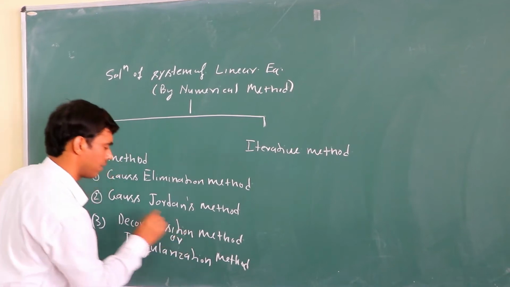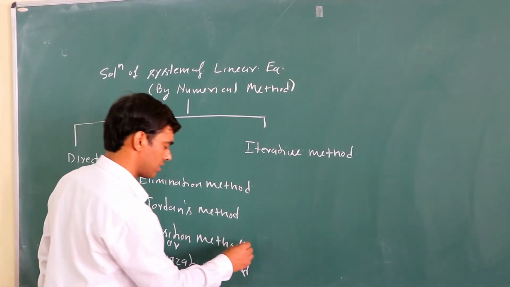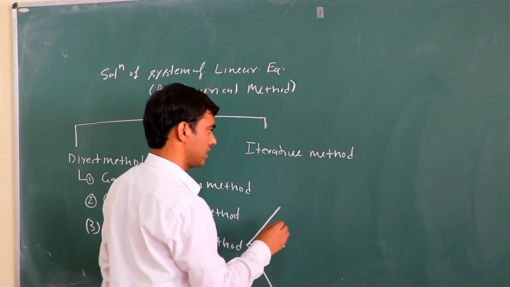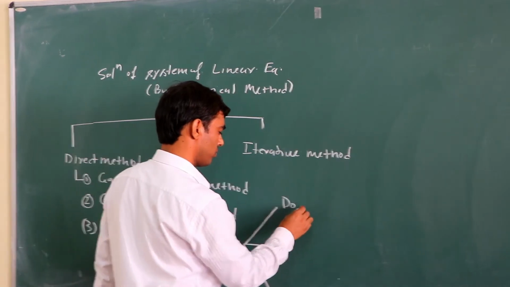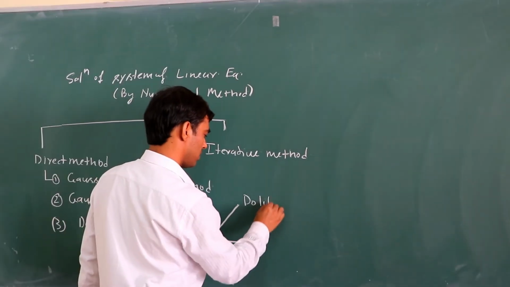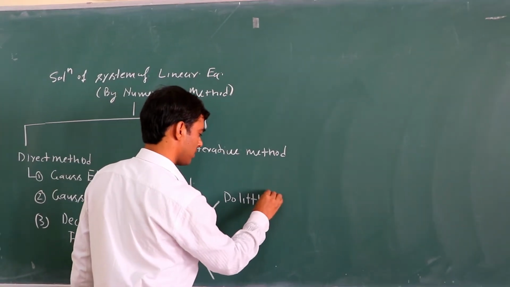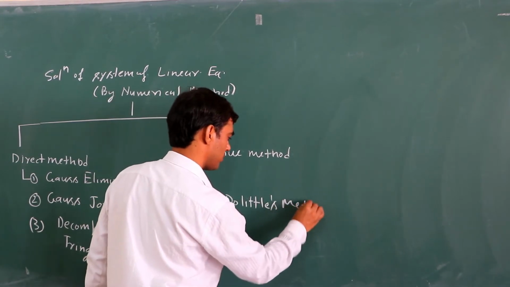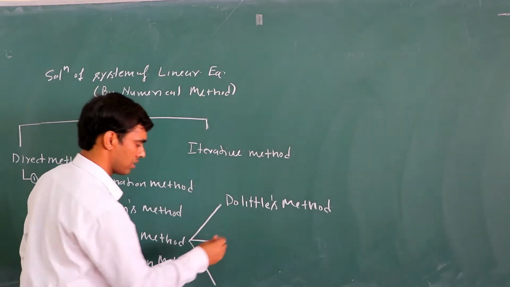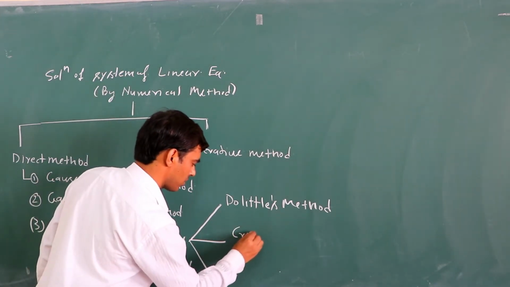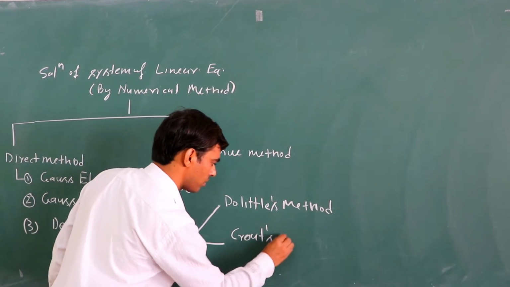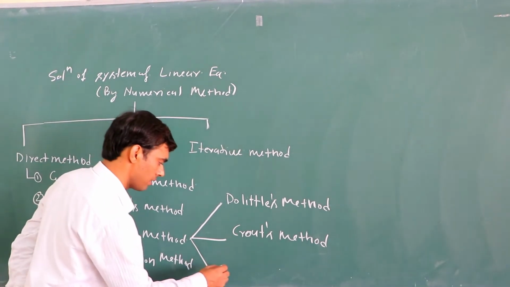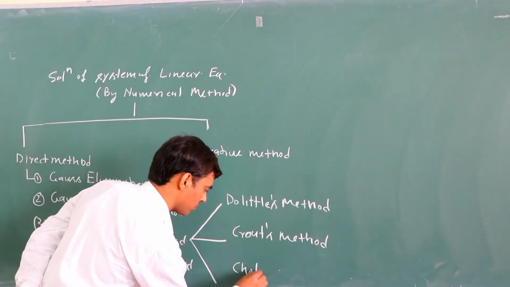If we categorize the decomposition methods, there are again three parts: Doolittle's method, Kraut's method, and Cholesky's method.